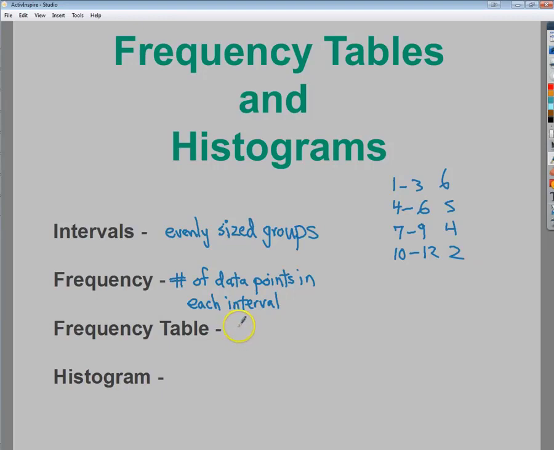So it's a table that displays the intervals and the corresponding frequencies.